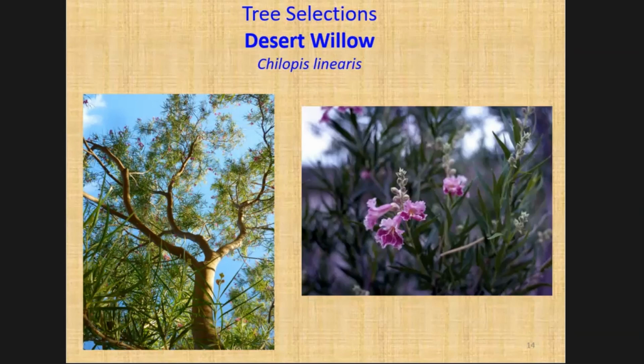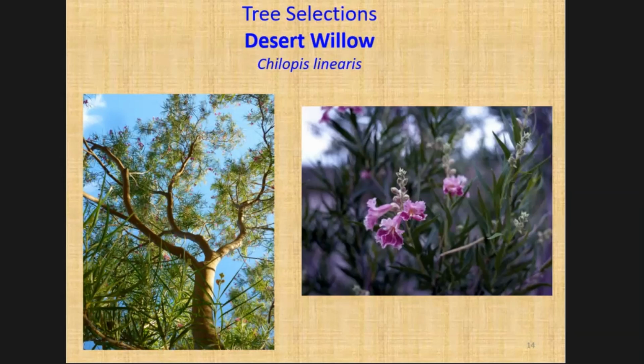Great tree though, it's real hardy. The branches can get pretty brittle and tend to break off in storms, especially ice storms, when they really hang on to the ice.